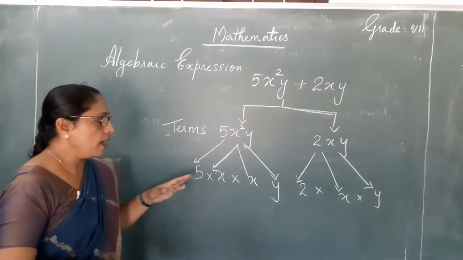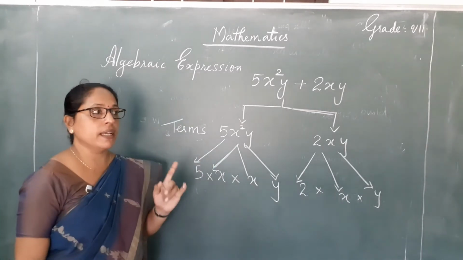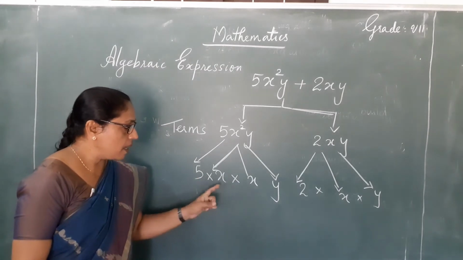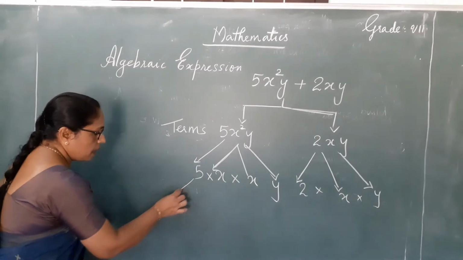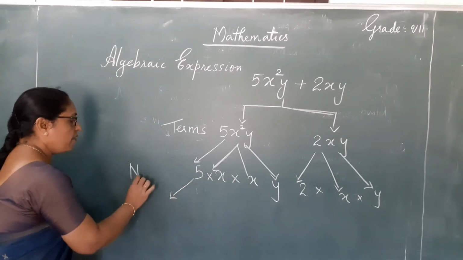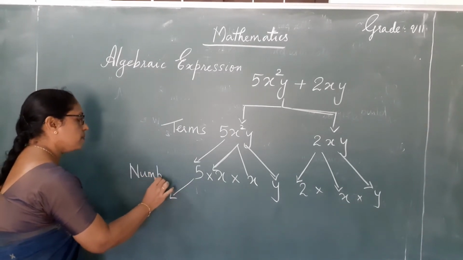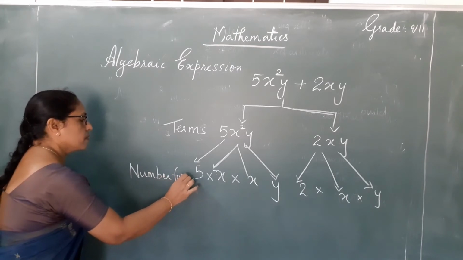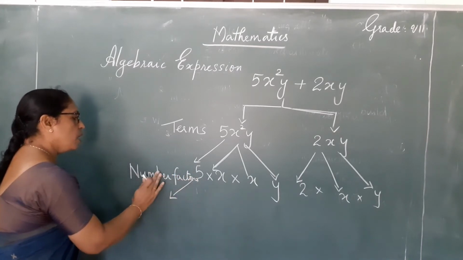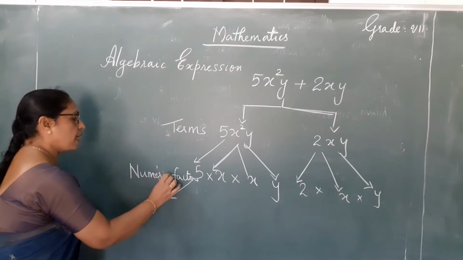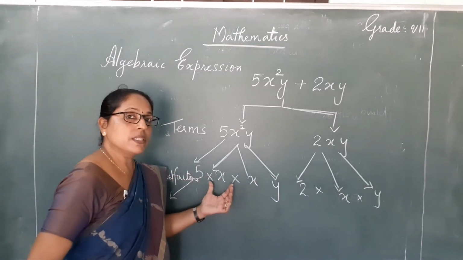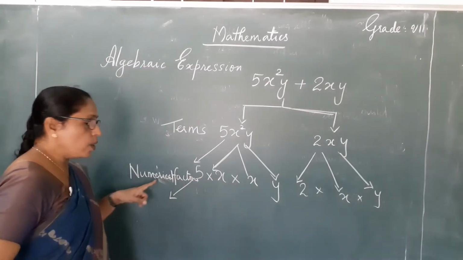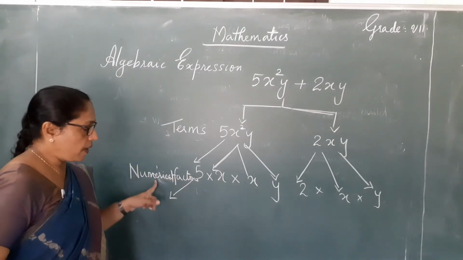Now in these factors we can see numbers as well as variables. The factors which are in number form are known as numerical factors.